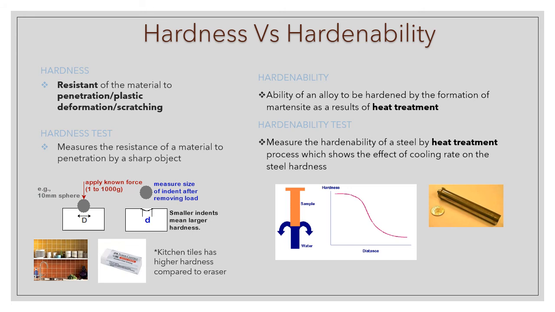As an example, here we have two materials, kitchen tile and eraser, and of course the kitchen tile has more hardness. It's much harder than the eraser. And here are the images of the hardenability test specimen and how it is being conducted.